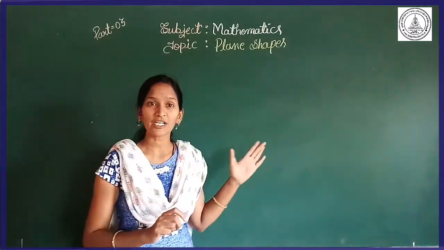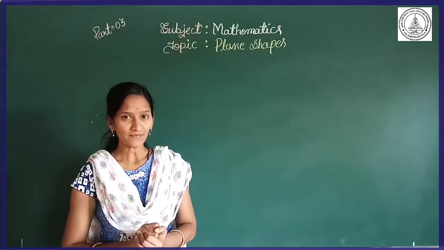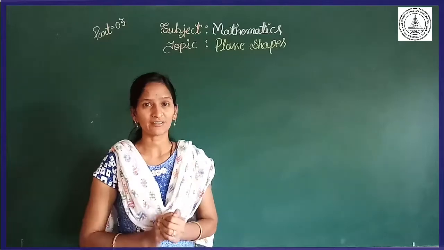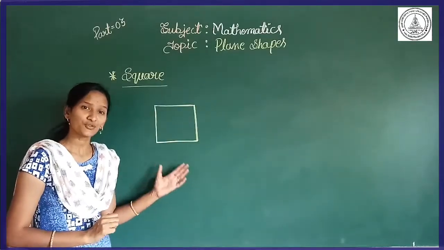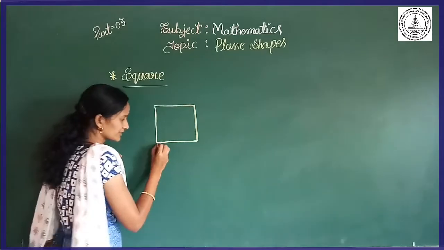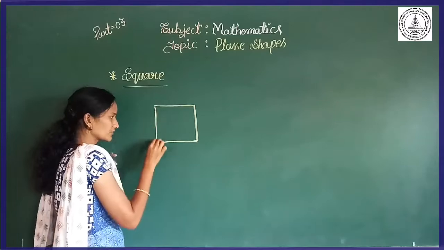So these are the four plane shapes you learnt in class first. These plane shapes are also called 2D shapes. Okay. See, now come to the first one, that is square. Look here, this is a square shape. It contains four sides. Look here, this is the first side, second side, third side and the fourth.